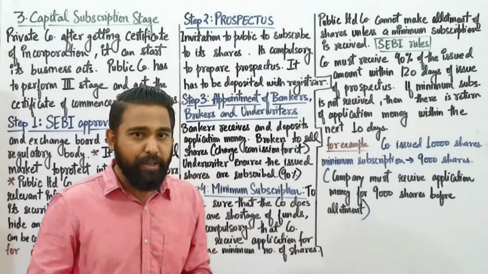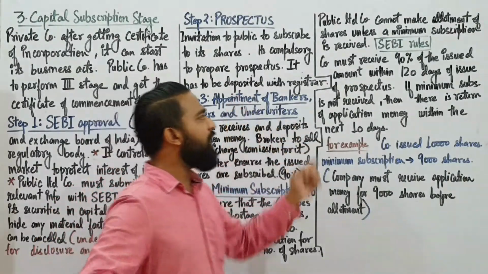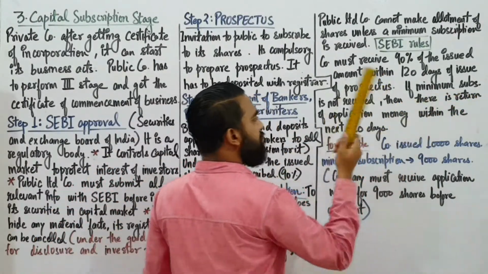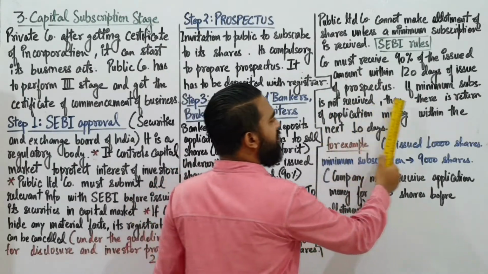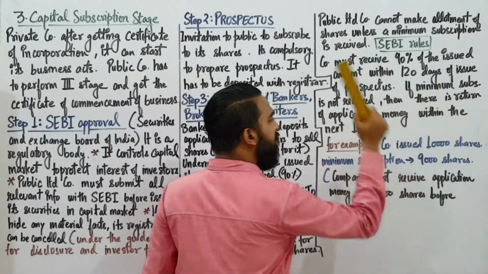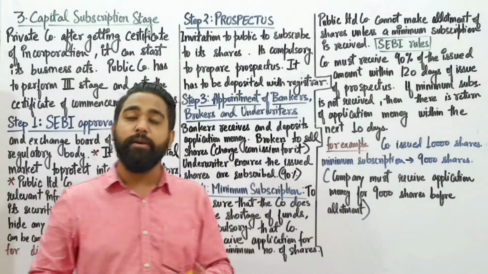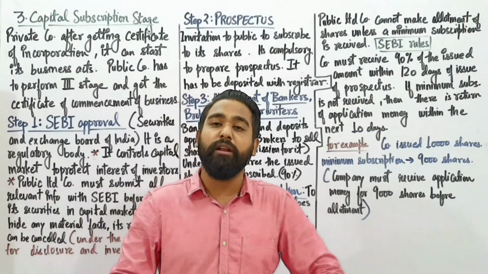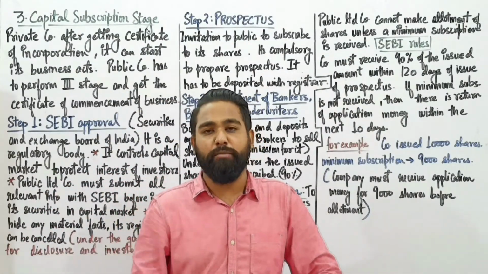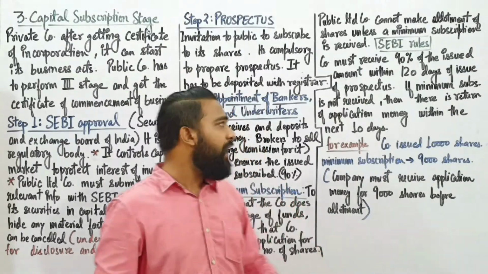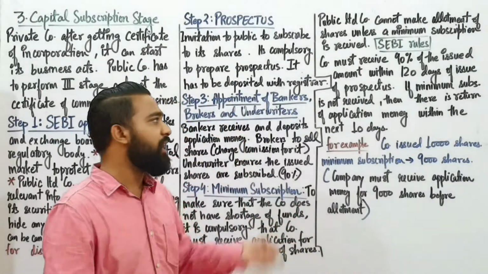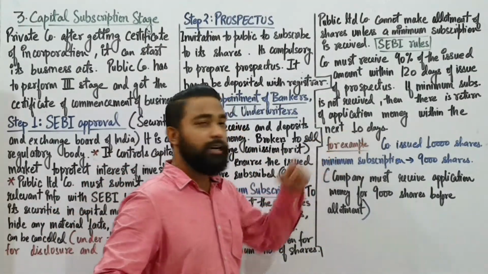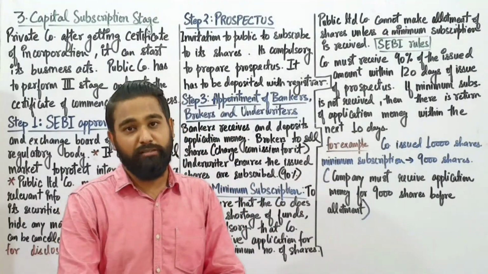And if that doesn't happen, if the minimum subscribed shares are not received, then there is a return of application money. If I am not able to receive that application money, then I have to return the application money within the next 10 days. Yes, that's so sad.